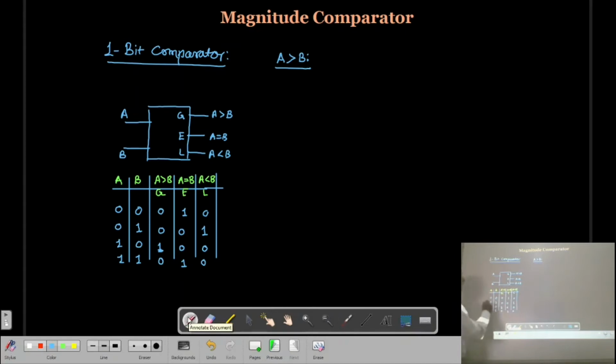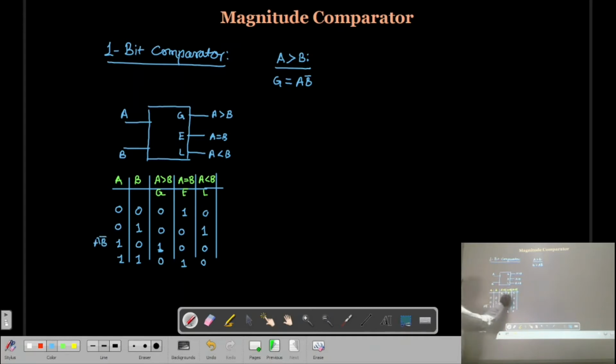So the expression for A greater than B is G equals A B bar.